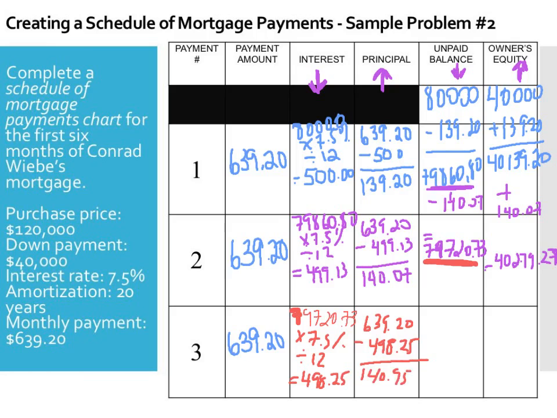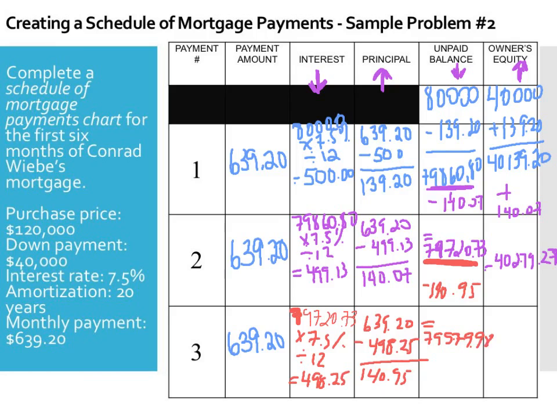For our new unpaid balance, we take the previous month and subtract 140.95, and that gives us 79,579.78.